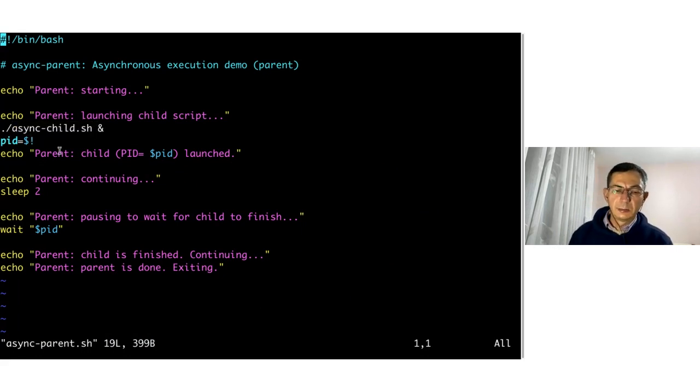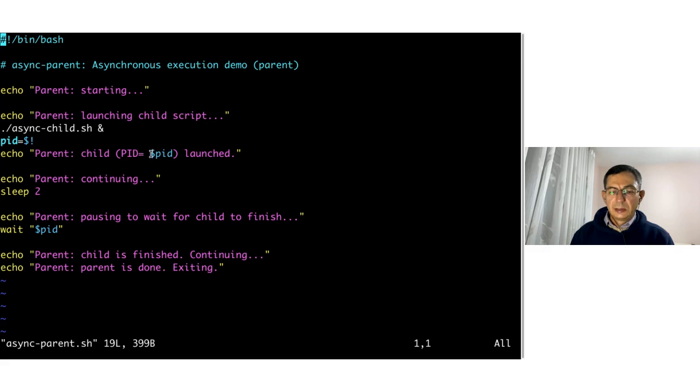Then $! gives the process ID of the last command that was executed, in this case the child script, and we are storing it into this variable PID, process ID.